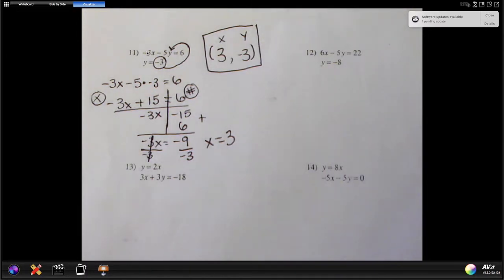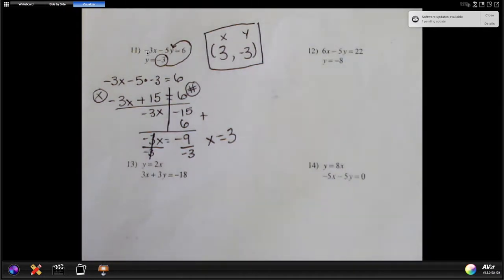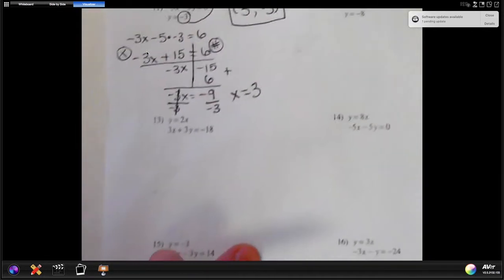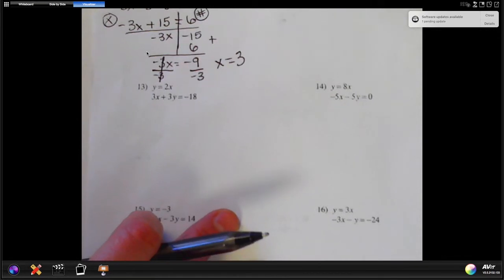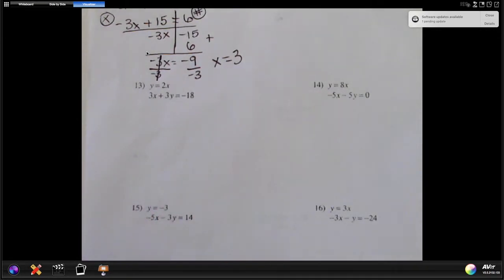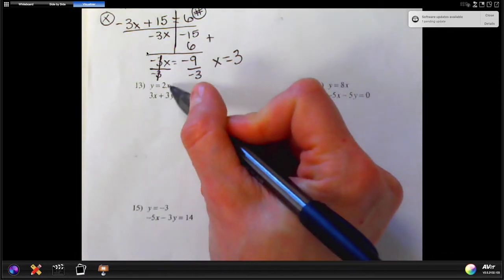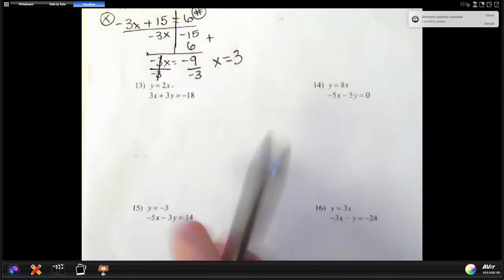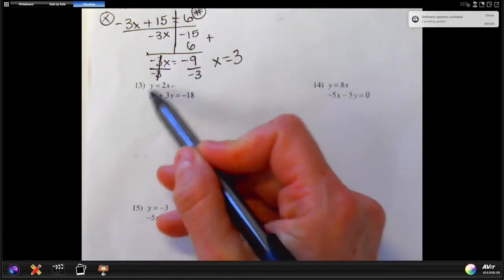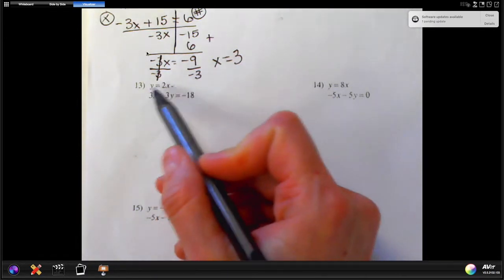The part that's going to be new is that we're going to skip down to number 13 now. And I'll move mine up. The difference is, I have two equations. One is obviously smaller than the other, but it doesn't just say y equals 2. It says y equals 2x.